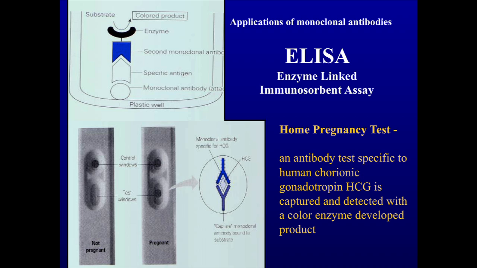And when it is exposed to its specific antigen, that specific antigen can be detected by a second monoclonal antibody, increasing its resolution, as I just described. And that secondary monoclonal antibody is fused to a colorimetric product.